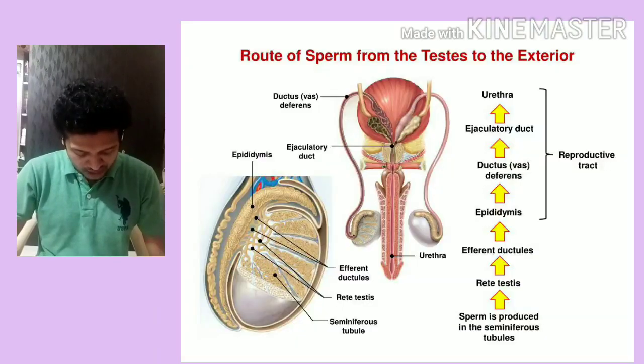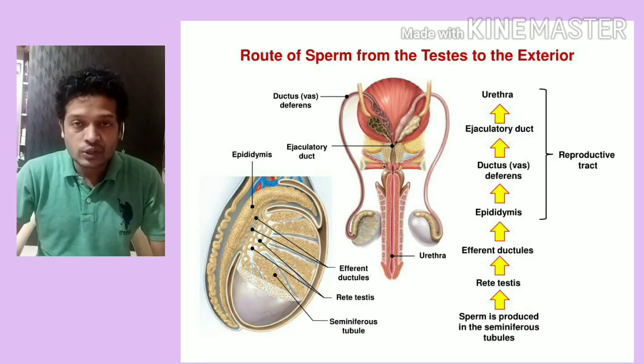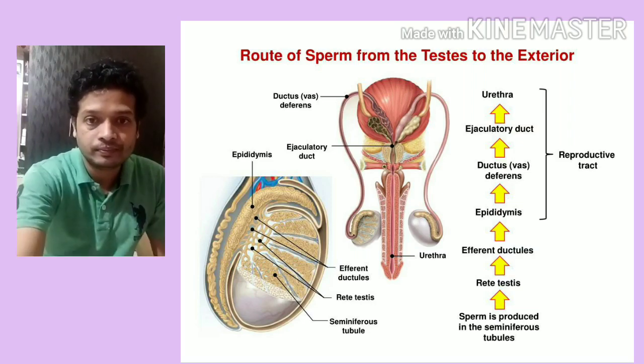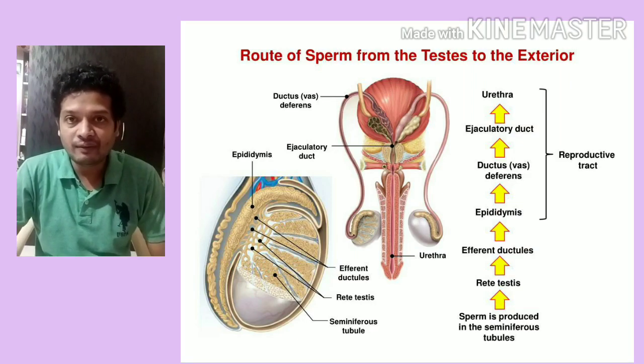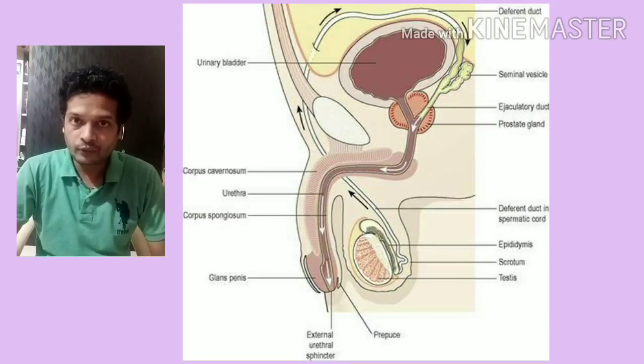These sperms are carried through the ducts in a series. First it travels through the rete testis. From the rete testis it travels into the vas deferens. This vas deferens carries the sperm to the urethra. Before that it meets the seminal vesicles. From the seminal vesicle, secretions are added to the sperm which give energy to the sperm.